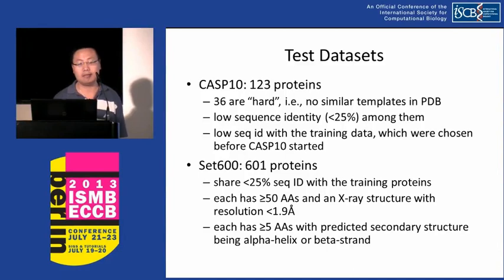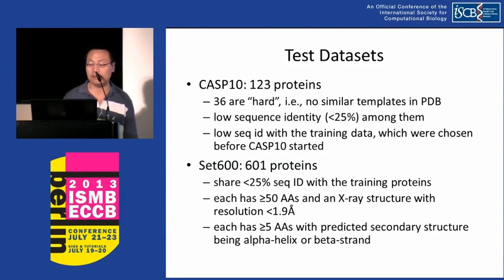In total, it has about 600 proteins. This set also has no redundancy with our training set, and also has high resolution and at least 50 amino acids in each protein. They should also have at least a small number of predicted secondary structures, at least 5 amino acids with a predicted secondary structure being alpha helix or beta strand.